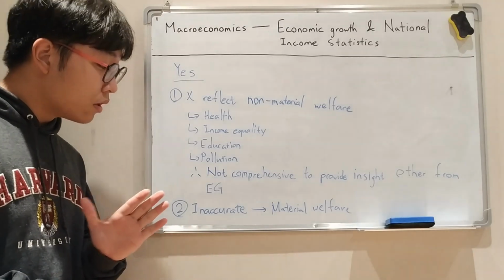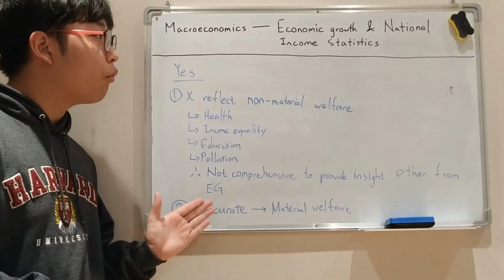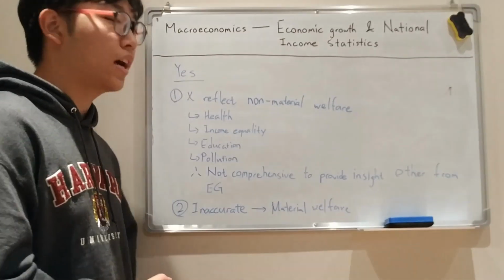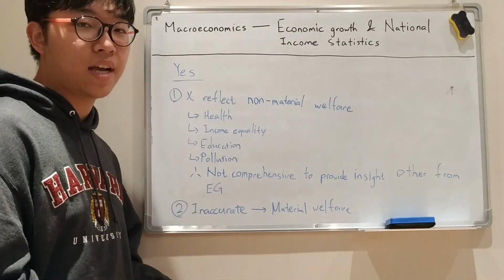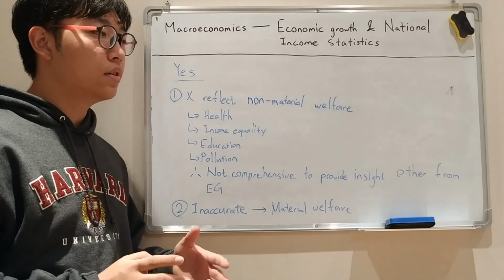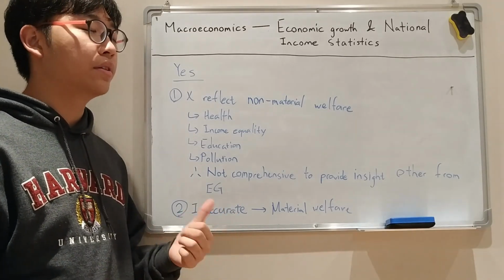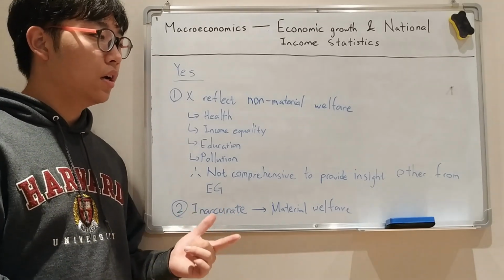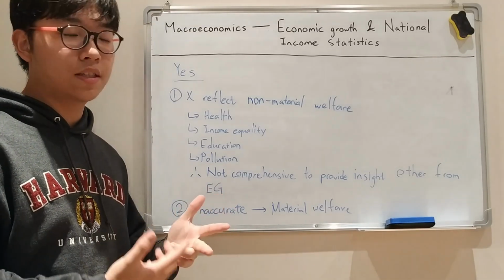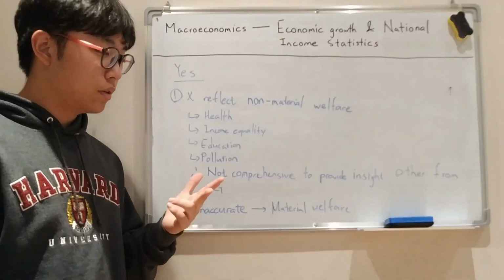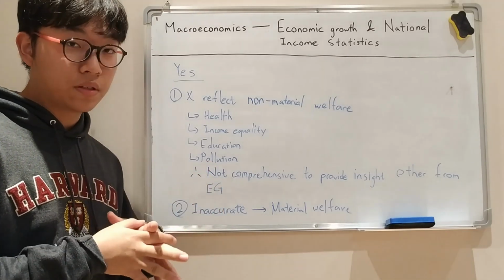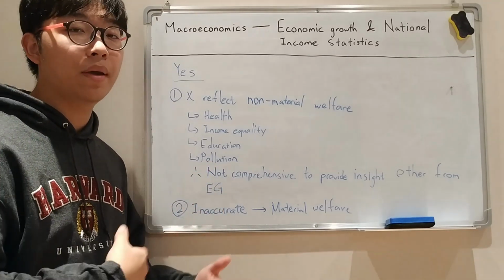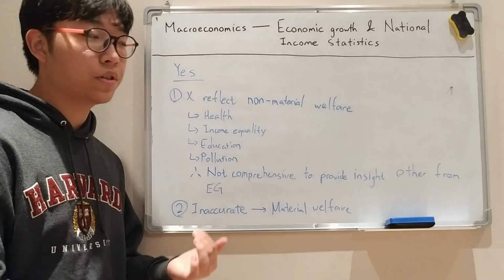Therefore, you also have to talk about why national income statistics is inaccurate. That is because the government is unable to track all the transactions that occur in a country. For example, underground markets, black markets, and subsistence farming. Governments don't have access to the transactions made inside black markets.